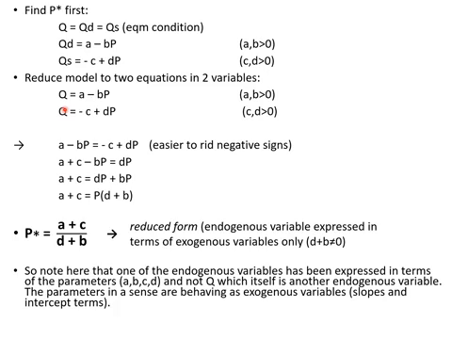And then what we can do is we can set these 2 equal to each other. So we've got A minus BP equals minus C plus DP. So we have here a simultaneous equation, and we want to solve for P. And we'll start by taking minus C over to the other side.